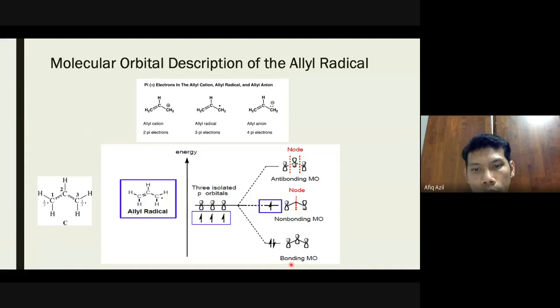Two of them are already bonded, where? Between these 2 carbons. This carbon contains 1 electron, this carbon contains 1 electron, and they are bonded with each other, hence bonding. While non-bonding is this one, in which the unpaired electron exists as a free radical over here.